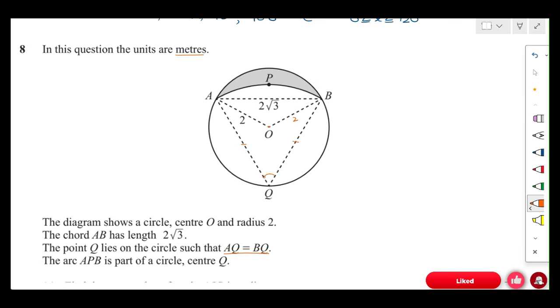The exact value of this angle AQB in radians, we have to calculate it.